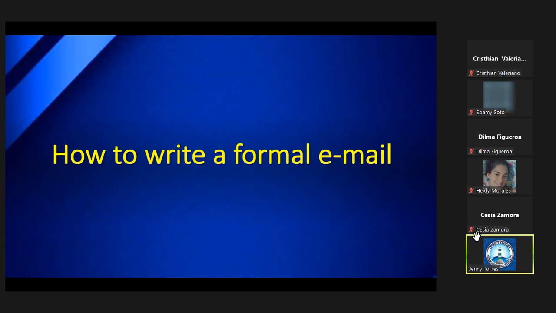An email is a formal communication that we have in business to let know, can be your clients or your coworkers or bosses, what your purpose or objective is about any topic.